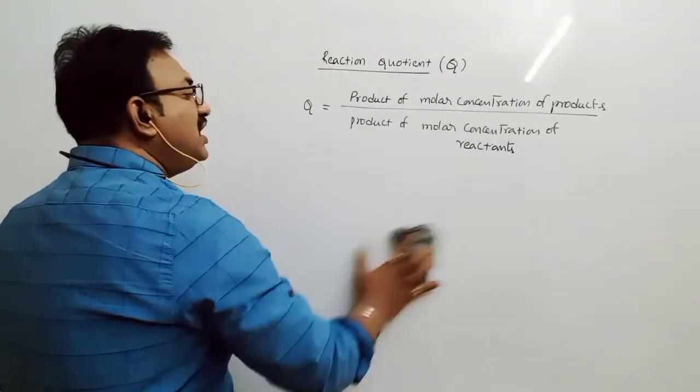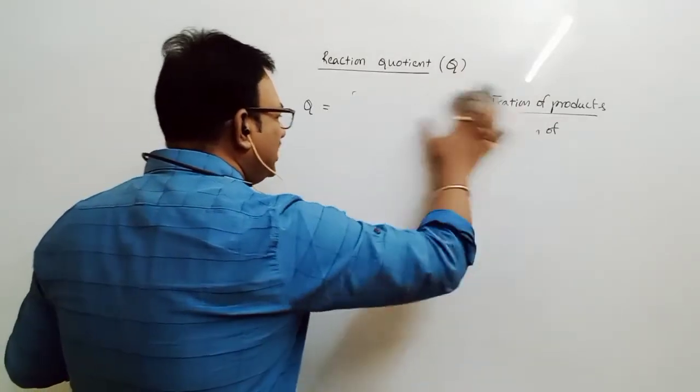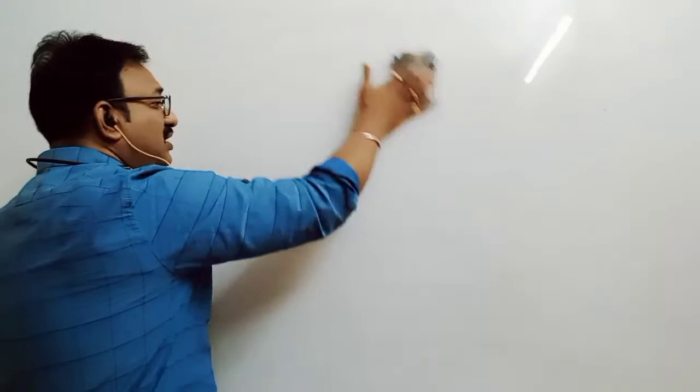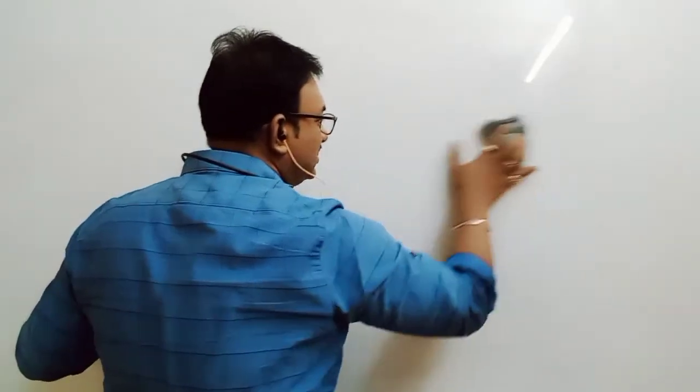See, one application we completed. That's the extent of the process, for which we can use this equilibrium constant. The second thing, we can predict the molar concentrations of the reactants and products at equilibrium.